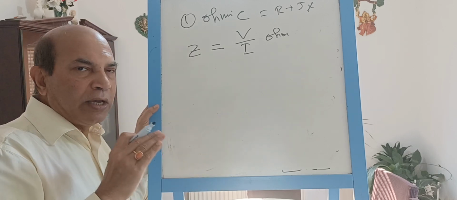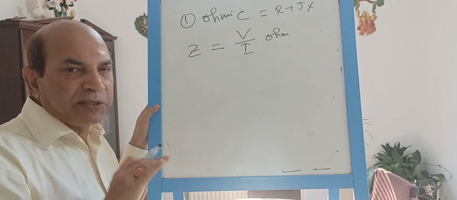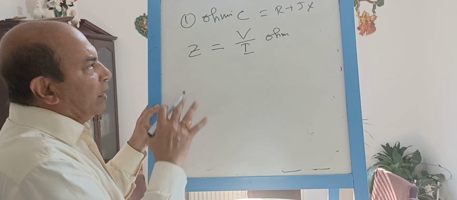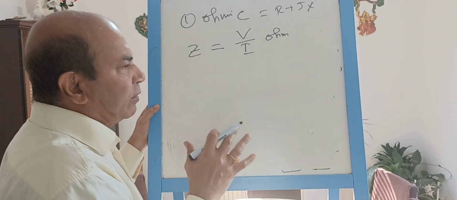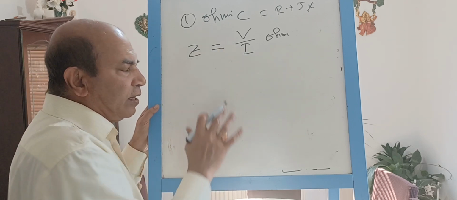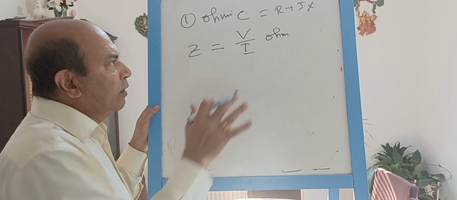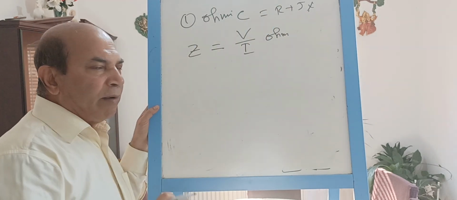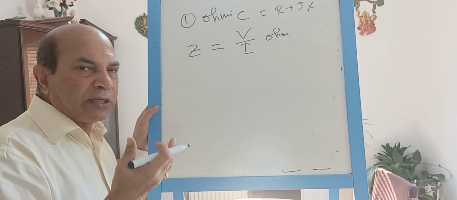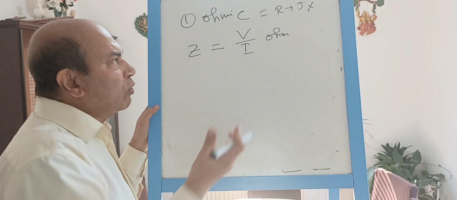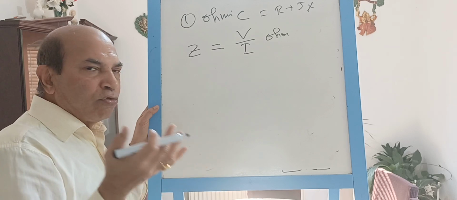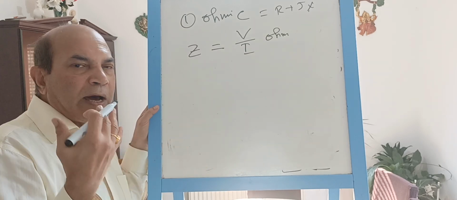Per unit value means we are comparing this with some basis. What is the basis? Now the basis is decided based on the circuit. We already said that when there is only a particular voltage in the circuit, we can use the ohmic method. But when multiple voltages are involved in the circuit, we do not go by the ohmic value. In that case we go for either the percentage value or the per unit value.